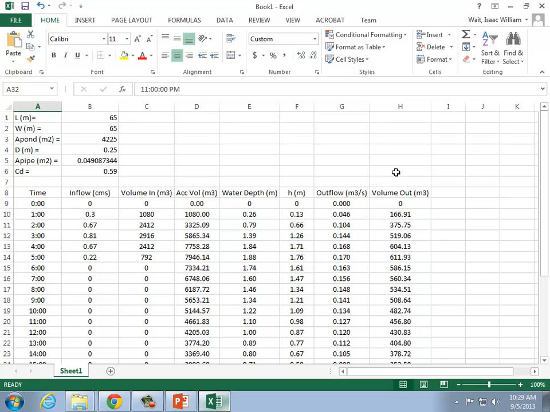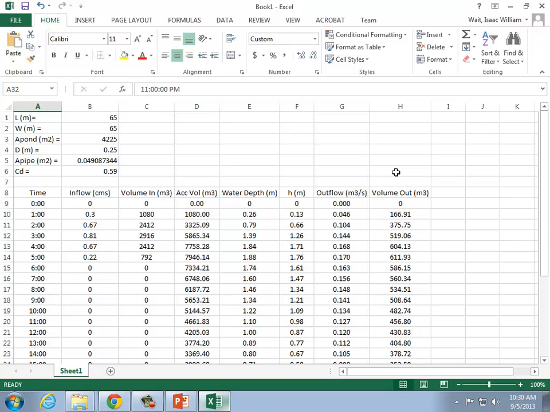The really powerful thing about having a spreadsheet like this is it allows you to play around with the numbers. What if your regulator said that you're only allowed to have an outflow equal to 0.1 cubic meters per second? What could you do to limit your outflow to 0.1 cubic meters per second? I can think of 2 things.